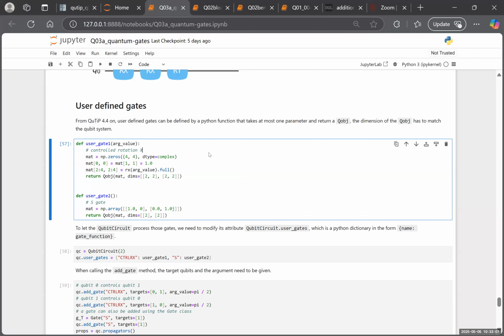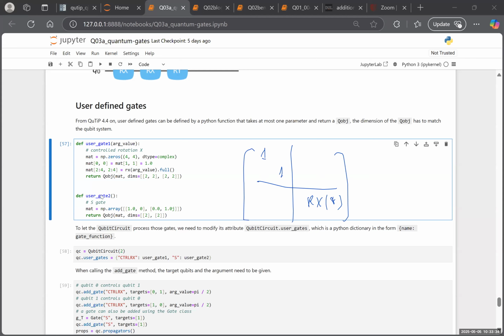So I can just draw it. So this is 1, 1. And then 2 to 4 is Rx, with some angle. So this will be a control Rx rotation.